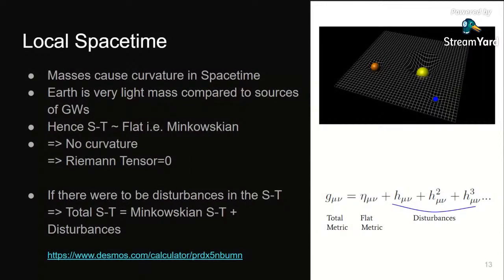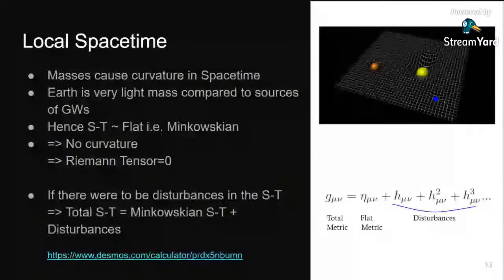So we see this blue dot. We'll call it the Earth, and you see that Earth has caused some curvature in the local space-time, but that is negligible. Hence, we can assume that, compared to the curvature of these heavy masses, the blue ball is literally in a flat space-time.